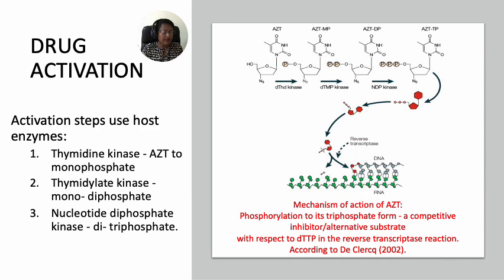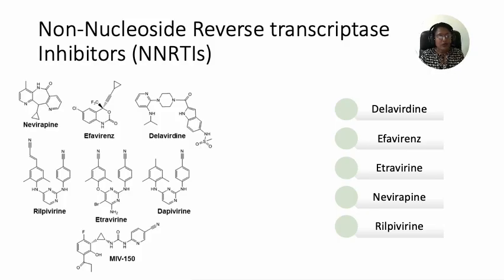Thymidylate kinase converts the monophosphate to the diphosphate. And nucleotide diphosphate kinase converts the diphosphate to the triphosphate. And this is important for you to recall about NRTIs.